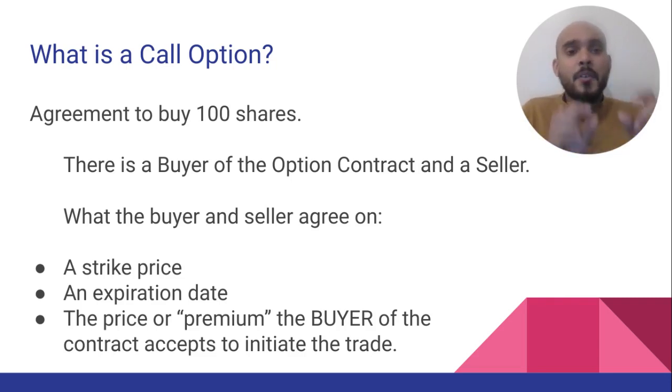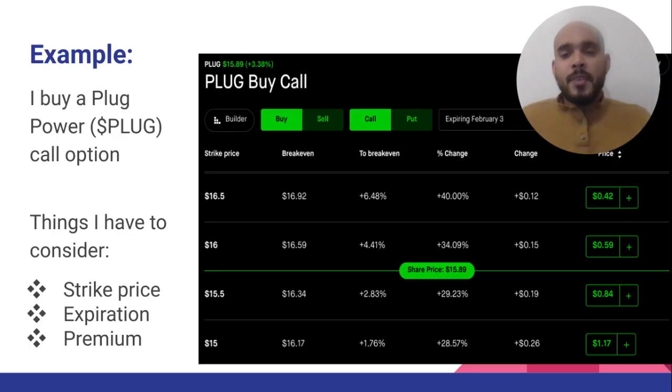And really it's what we call the break even. And the break even says, okay, I've got to cover the $59 that I spent on this contract. So really, I want the stock price to go to $16.59 because I'm paying $1,600 for 100 shares at $16, but I also paid $59.